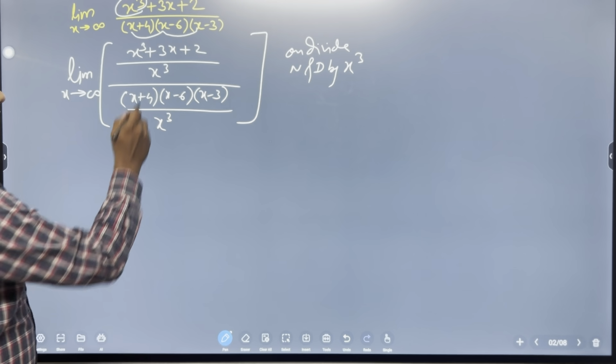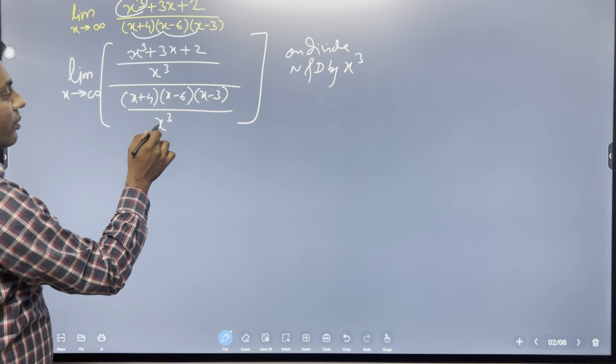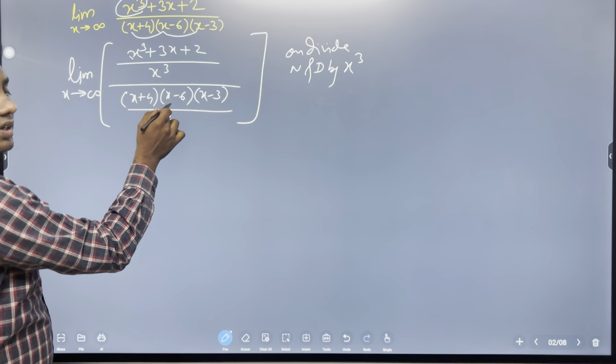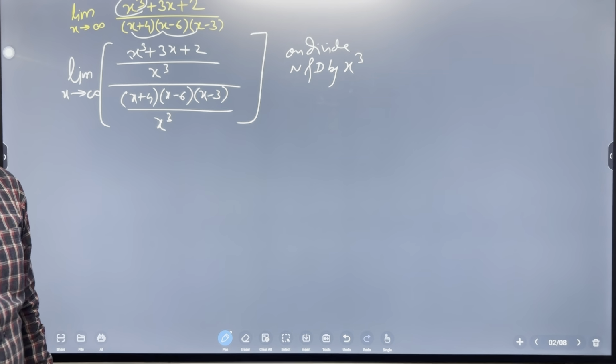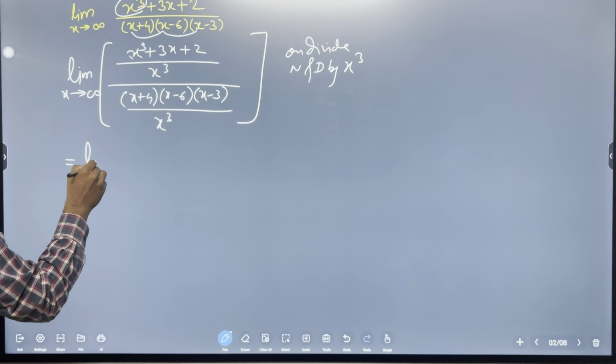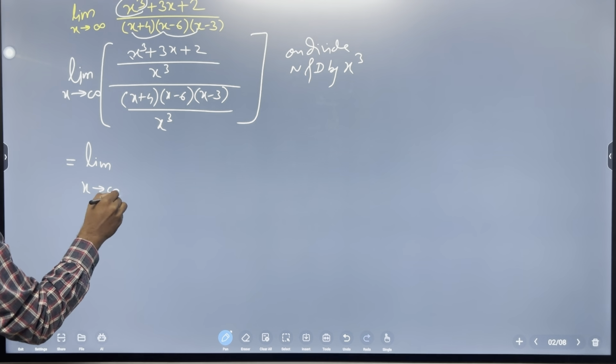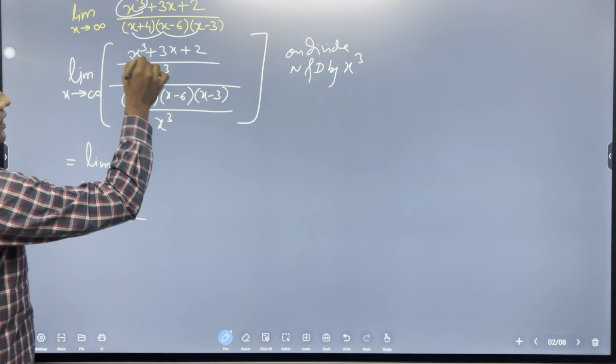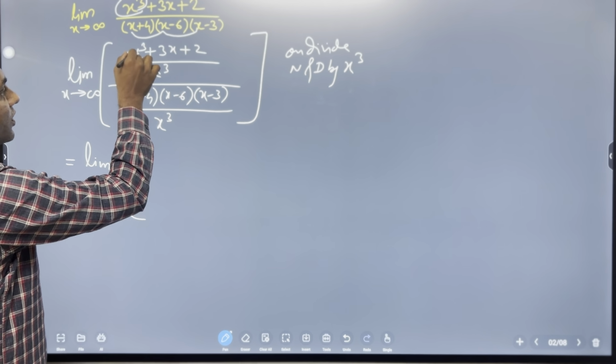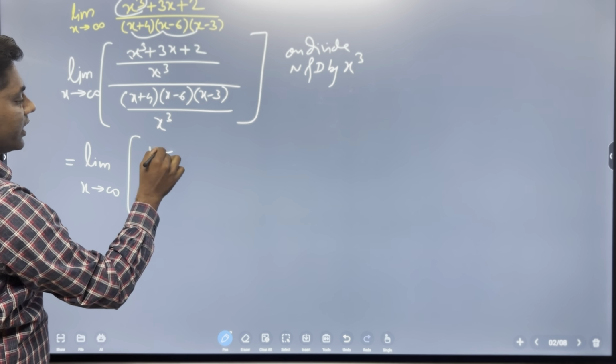Similarly, we divide each term by x cube, and from x cube a single x goes to the first bracket, a single x to the second bracket, and a single x to the third bracket. Therefore in the limit, x cube gets cancelled and we get 1.